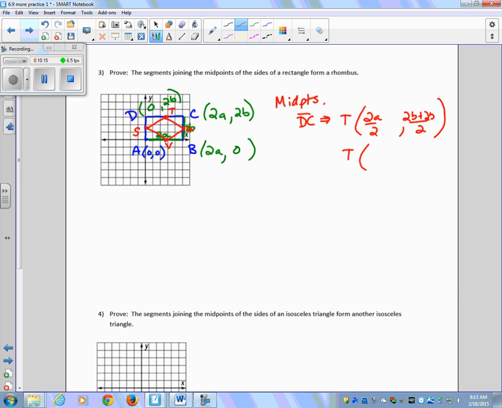So T is going to be a, comma, what is this, 4b over 2, so it's just 2b, which makes sense. So T is a, 2b.